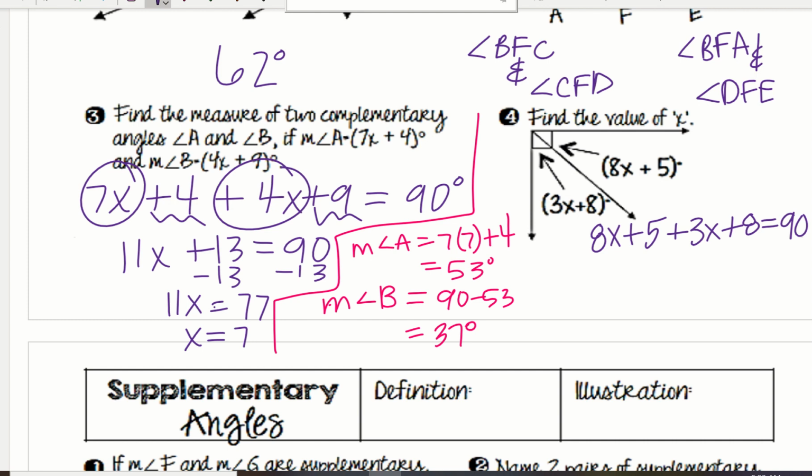Jessica, what'd you get whenever you combined like terms? 11x plus 13 equals 90 degrees. And then I need to get my x's by themselves. So Lee, what did you get whenever you got your x's by themselves?